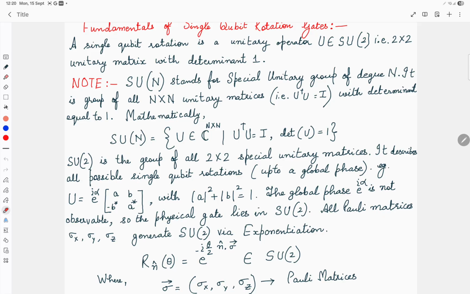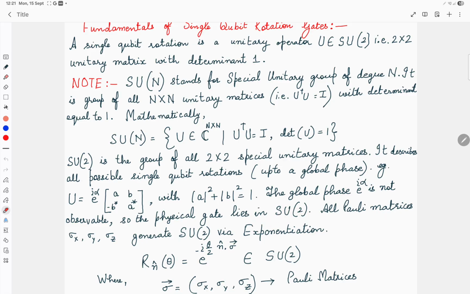So in general, this unitary matrix will be considered of this form, where e to the power iota alpha gives me the global phase term, and these elements will be there in the unitary matrix such that mod A square plus mod B square will be equal to 1. Now the global phase e to the power iota alpha is not observable, so the physical gate lies in SU2.